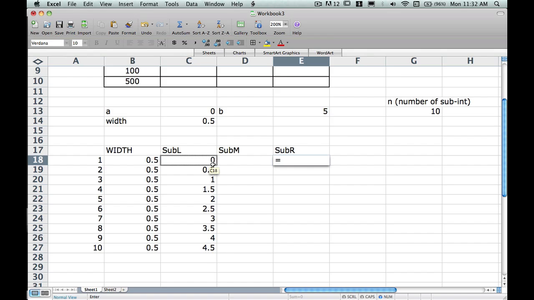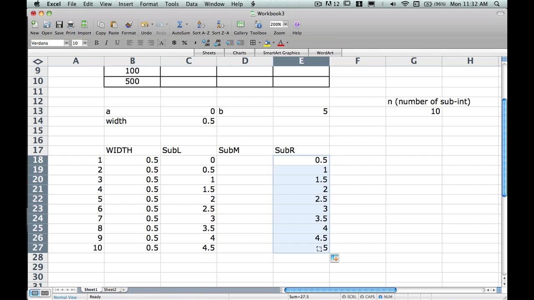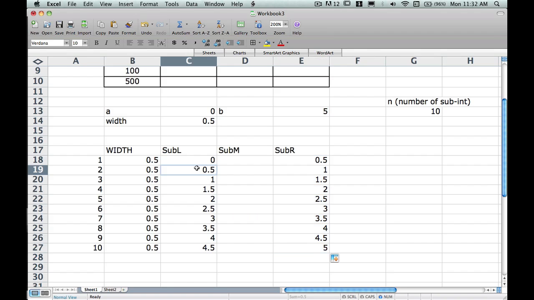For the right, I'll do the right ones first. The right side of this subinterval is simply the left part of the subinterval plus the width of that rectangle. And if I drag this down, you'll see that most of them are the same numbers staggered down, because the right of the first subinterval is the left of the second subinterval.